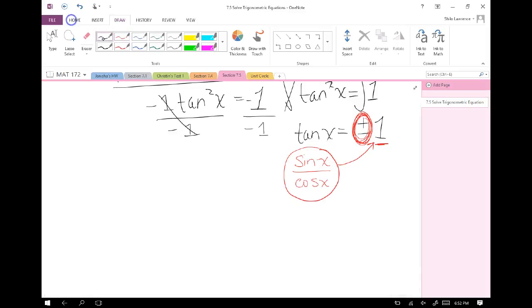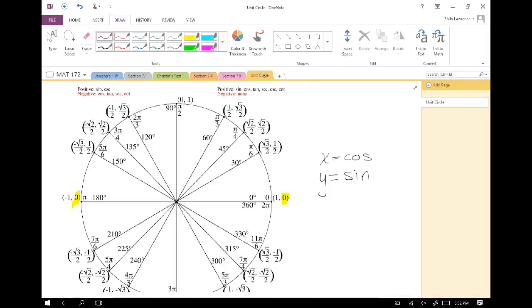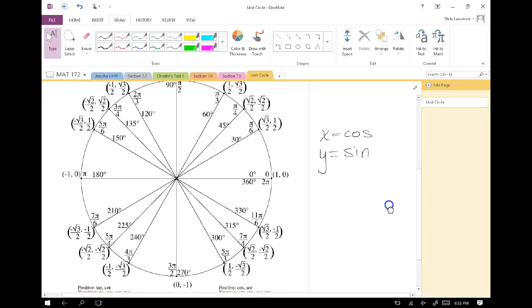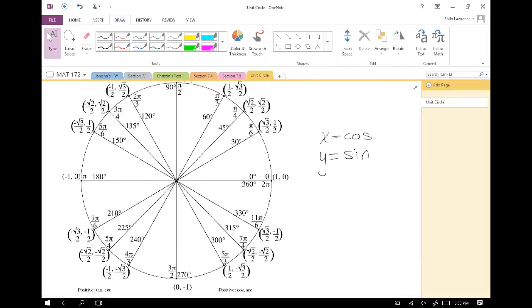So x is going to be equal to, let's go over to our unit circle. And let's look through here and see where the sine and the cosine values look the same. Now their signs might not match. One might be positive and one might be negative, but other than that, it's pretty much the same number.